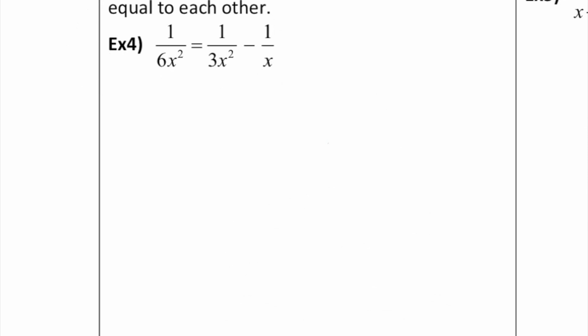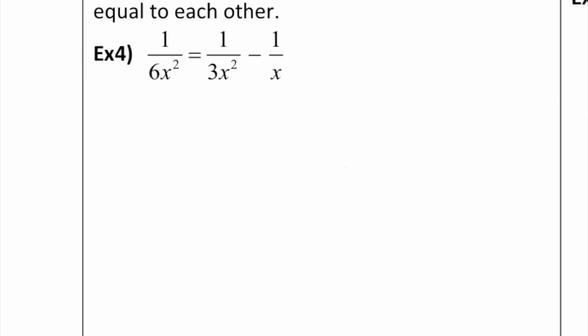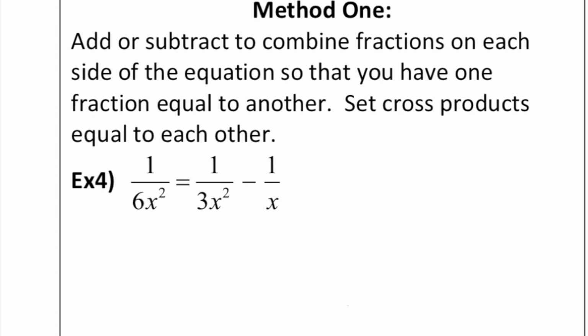that I'm giving you is that you want the goal of having one fraction on either side of the equal sign. So here, for example, on the right hand side, you've got two fractions. So start by subtracting just those two.